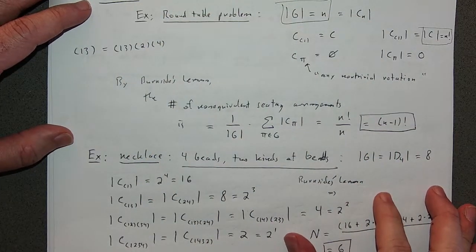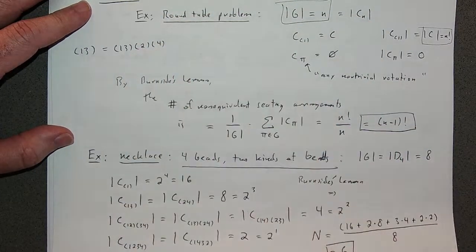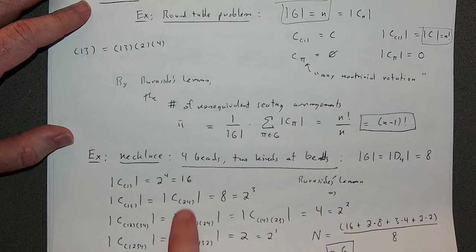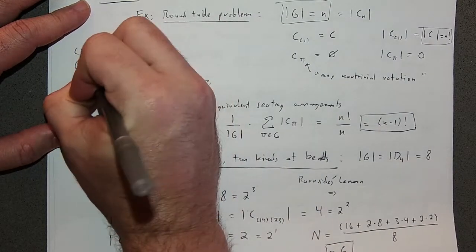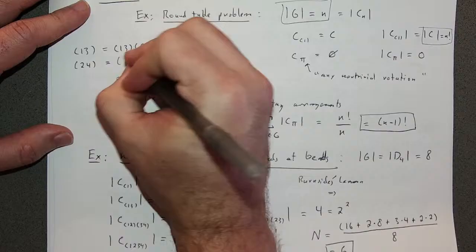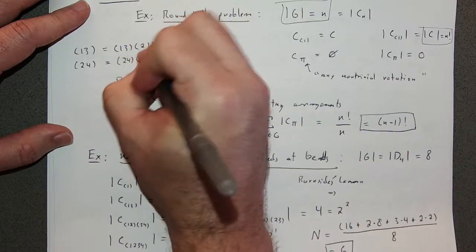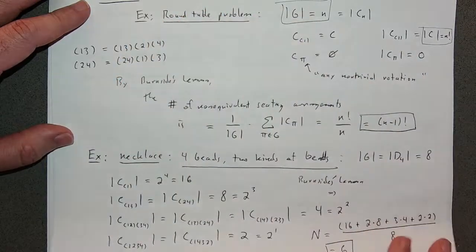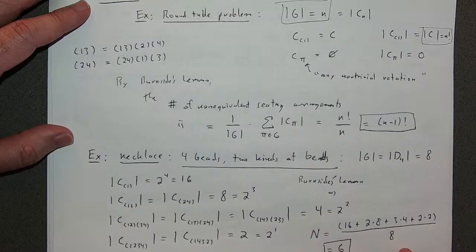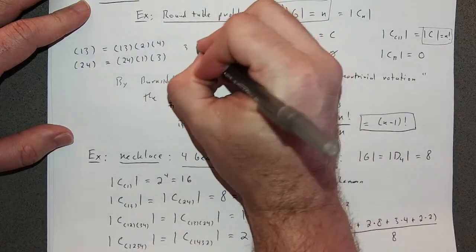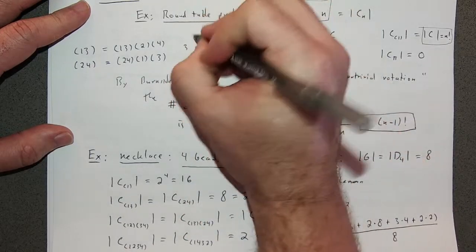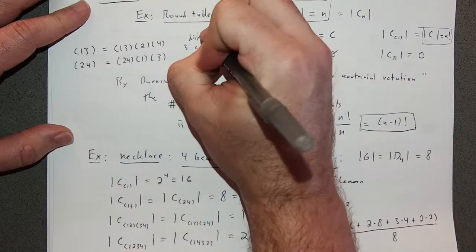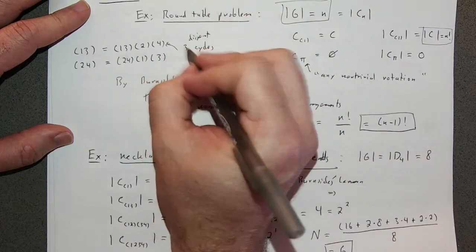In cycle notation, we just suppress the one cycles typically. In the same way, 2, 4 is 2, 4, 1, 3. 3 cycles. 3 disjoint cycles in both cases.